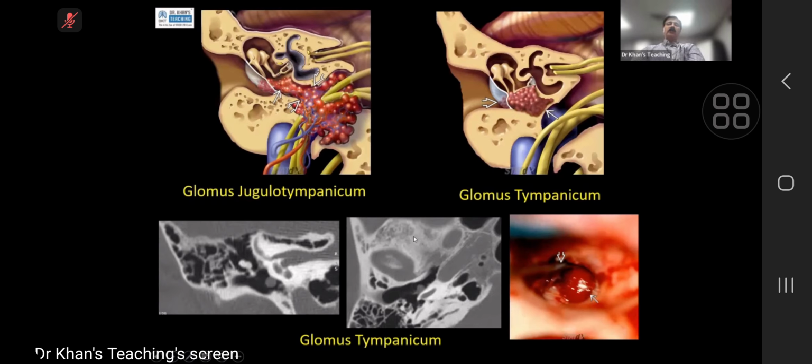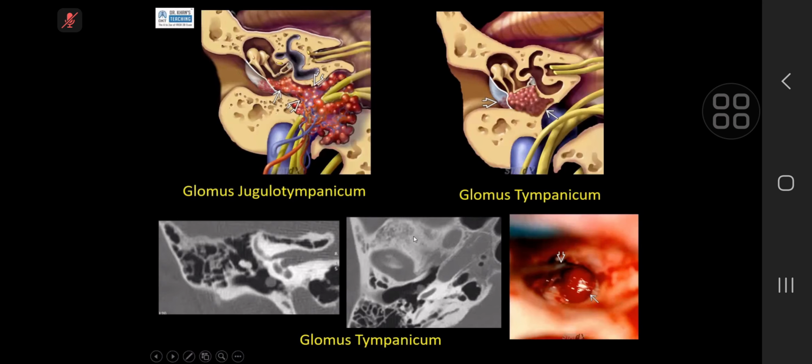What is the concept? Glomus tumors are chemoreceptor cells along the carotid sheath. So please remember they are in the carotid space. Now in head and neck, there can be 4 different locations. When it is at the bifurcation of the common carotid artery into internal and external carotid artery, we call it a carotid body tumor.